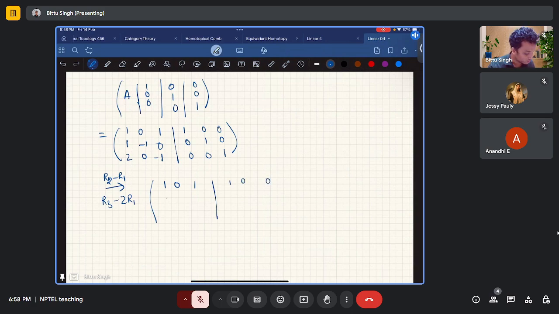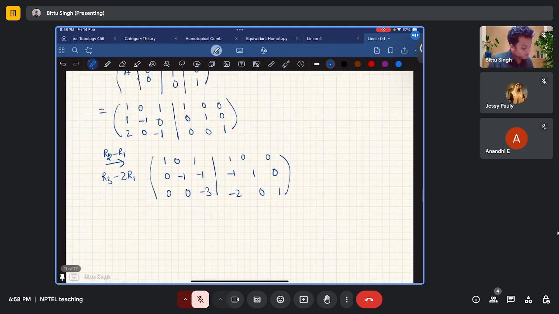R2 minus R1, subtracting the first row, it is 0 and minus 1, 0, minus 1, minus 1, minus 1, 1, 0. And similarly R3 minus 2R1 gives us 0, then 0, and minus 1, then minus 2, which is minus 3, and this minus 2, 0, and plus 1.